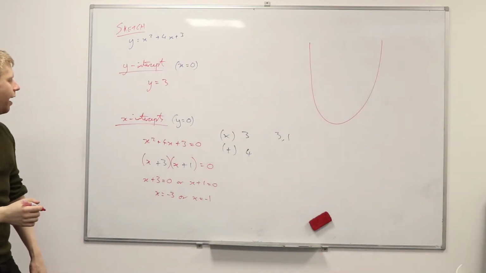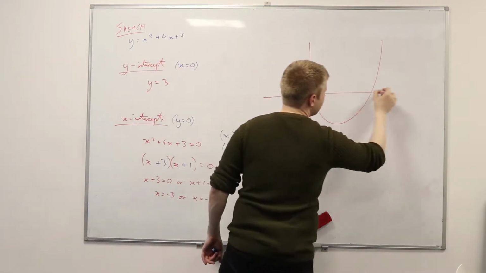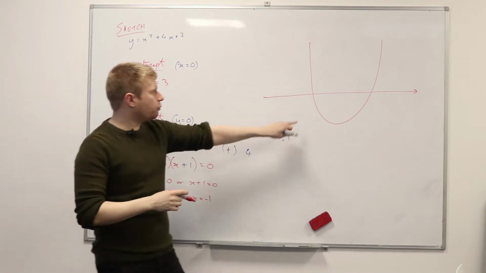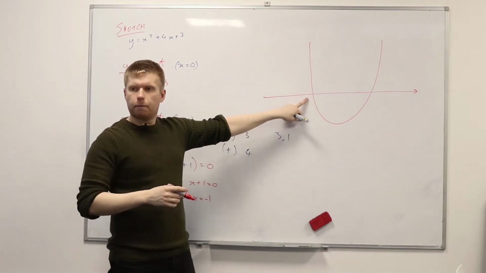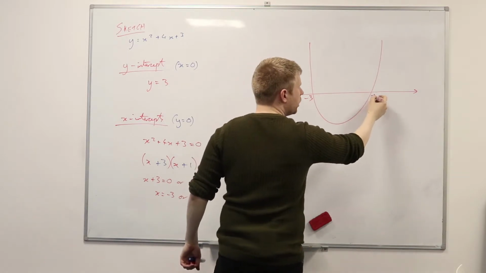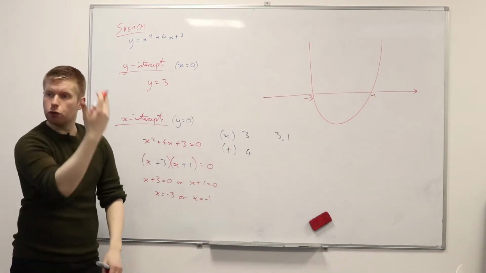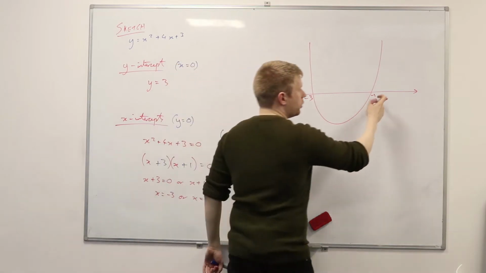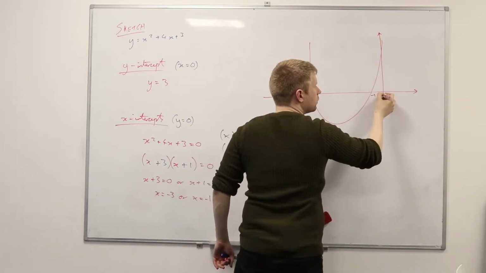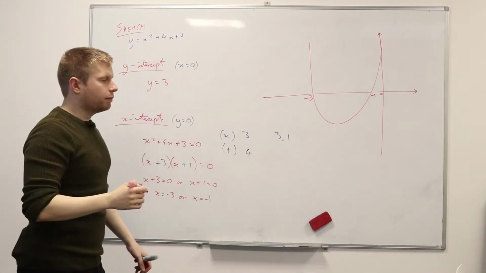Let's put our axes in then. Start with our x. Where's -3 and where's -1? What's that point there going to be? -3. What's that point there going to be? -1. Are you happy the y-axis has to go through 0 on this axis? Yeah. So here's 0 here. Here's my y-axis. The ratio is not right. It doesn't matter. It's just a sketch.